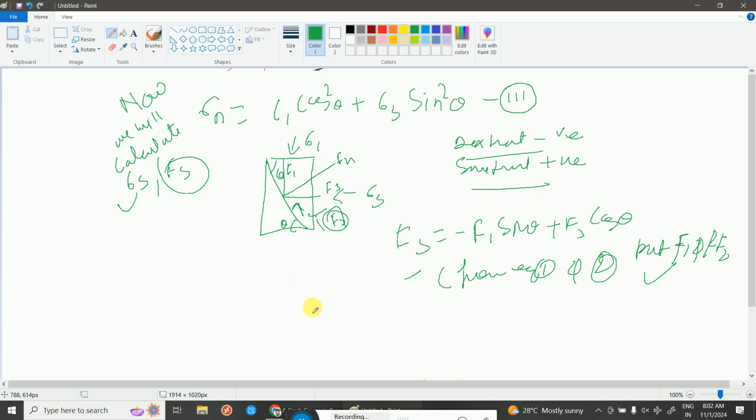So when we put it, this Fs will be minus sigma 1 a cos theta sine theta plus sigma 3 a cos theta sine theta.